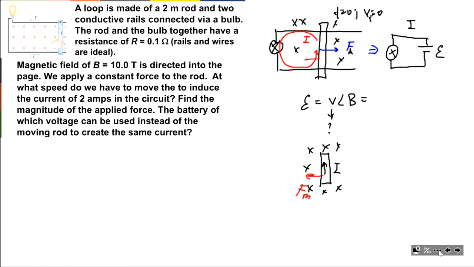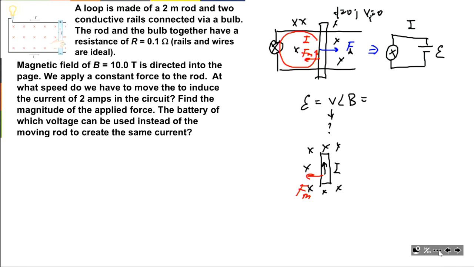But it is acting on the same bar, of course. So in reality, as soon as we started moving it, two forces start acting on it. One, the applied one, and second, from magnetic field.